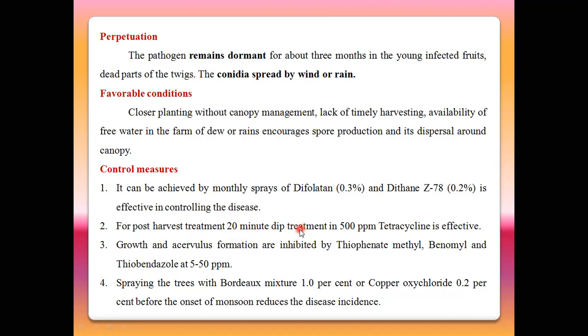In this way, you can avoid the post-harvest losses caused by this fungus.